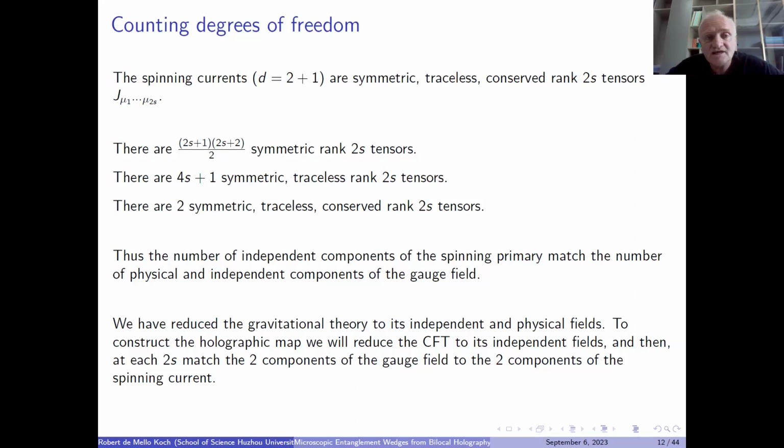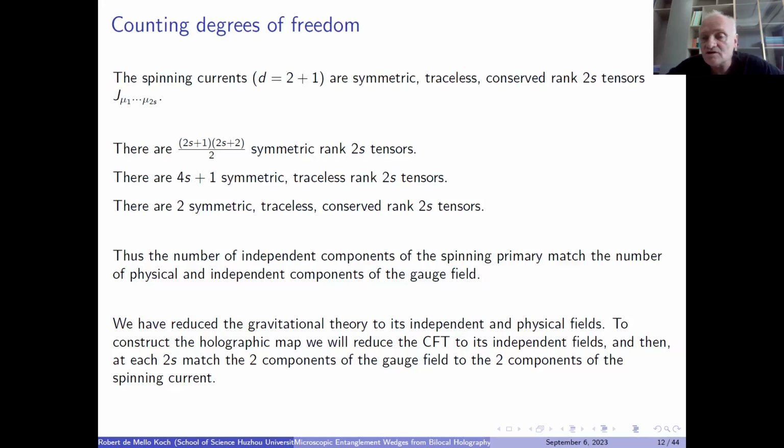So you have to take into account the fact that the currents are symmetric, traceless, and in particular that they're conserved. Now, to take into account that they are symmetric and traceless is quite straightforward. If you've got a traceless tensor and you perform a conformal transformation, it remains traceless. So the traceless condition doesn't produce any change on the generator, and neither does the symmetric condition.